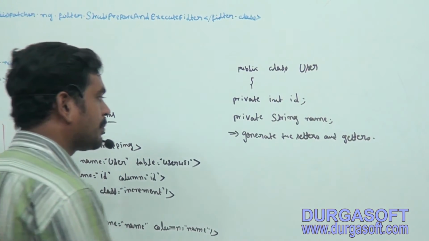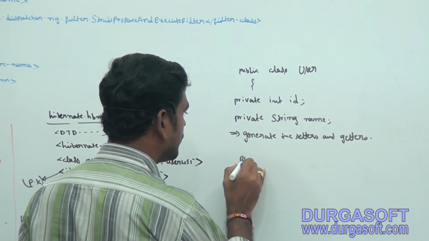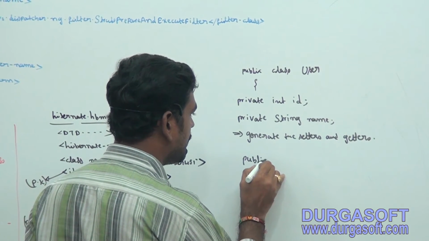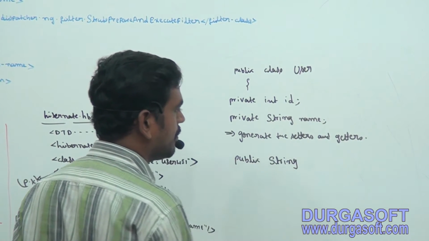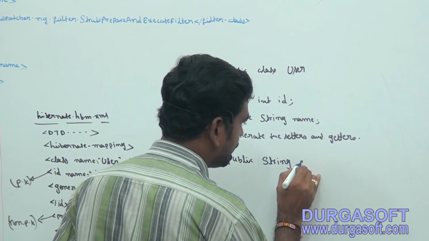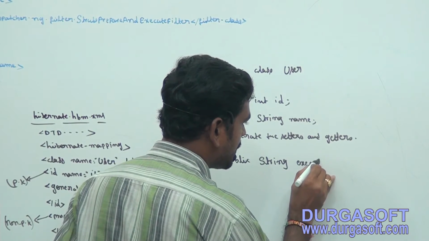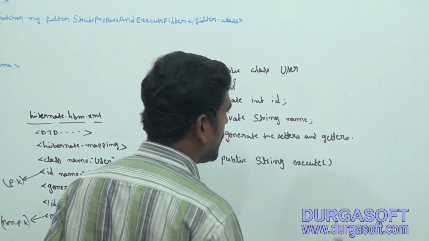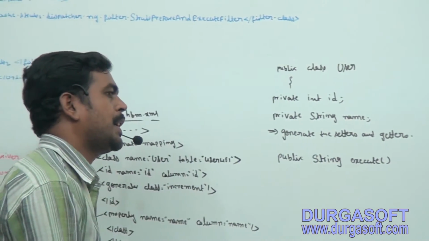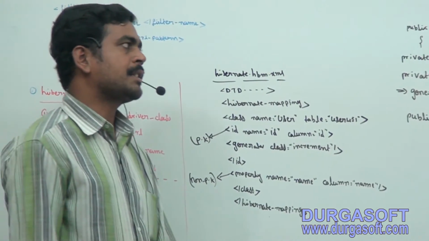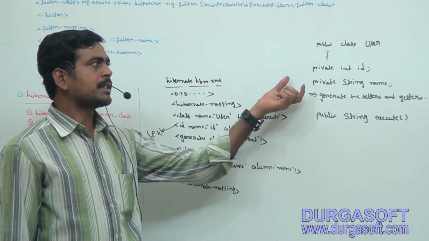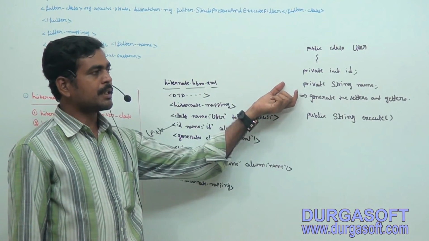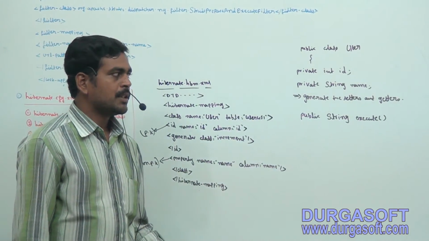After that, public String execute. In Struts 2.x, the action class and POJO class both we can take in a single class. So this is the POJO class, and this is the action class as well.